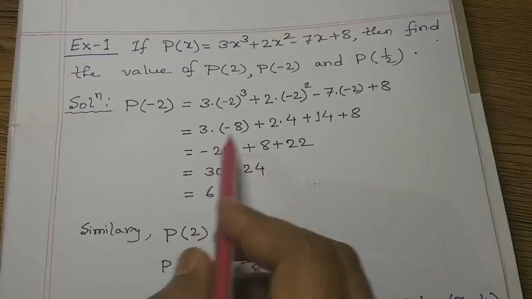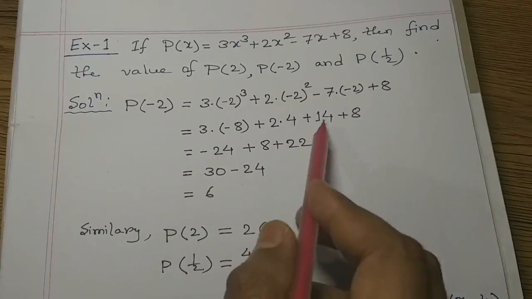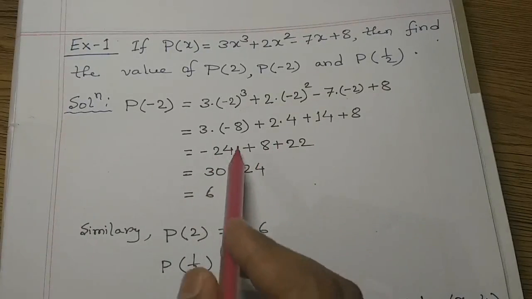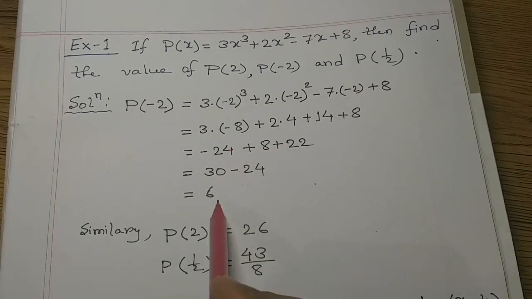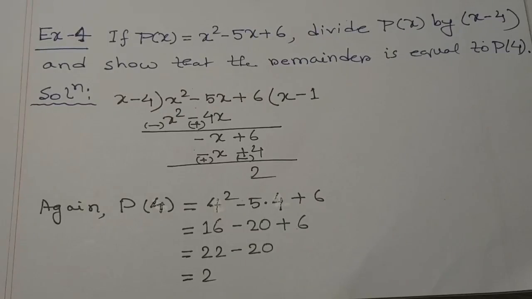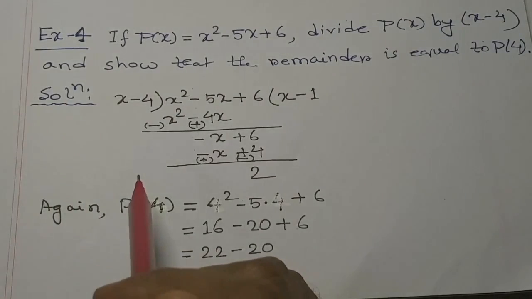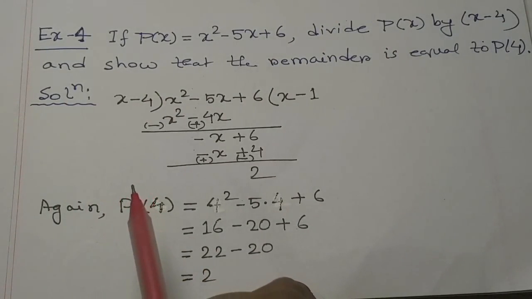Now we calculate: minus 24, plus 8, plus 14, plus 8, which is 22, and from here we finally got 6. Similarly, we can find the value of p(2), which will be 26, and p(1/2) will be 43 by 8. Our next topic will be a very important theorem in algebra, that is the remainder theorem.